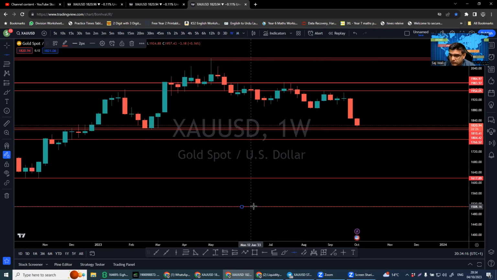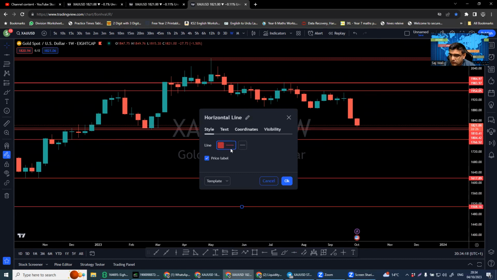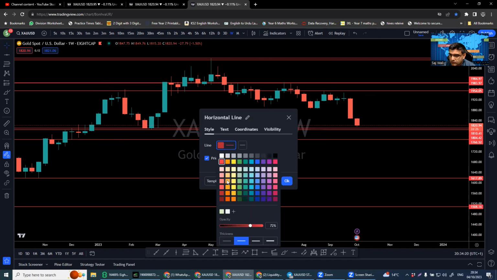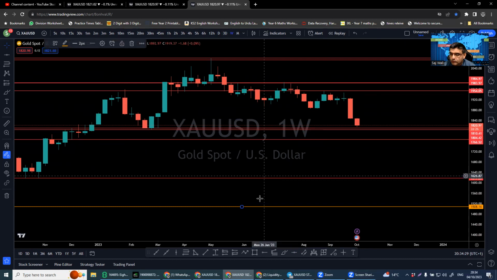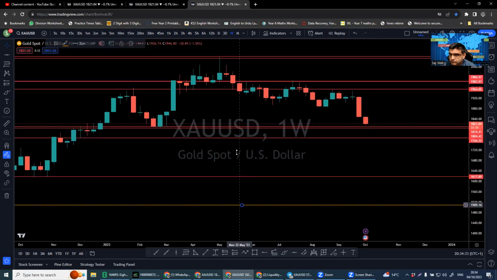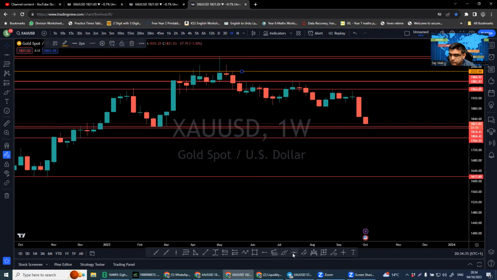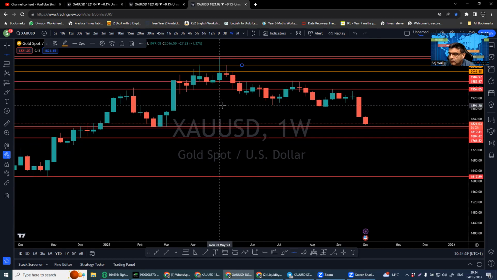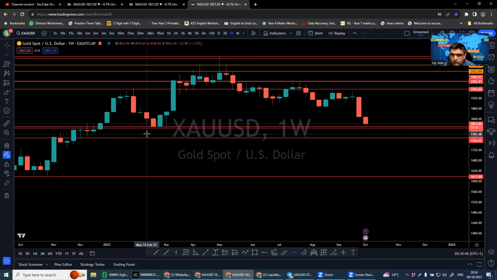Let's change the color first of all to orange. That's orange. Now you can draw weekly levels. In fact, we don't need this.